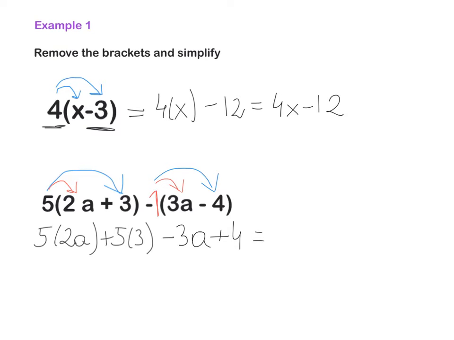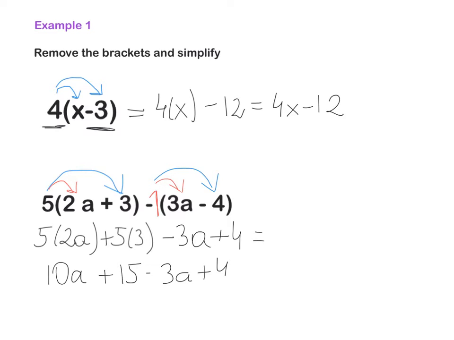Equals, so we have 5 by 2, using one of the rules we've met so far, number by number, letter by letter. 5 by 2 is 10a, plus 5 multiplied by 3 is 15, minus 3a, and plus 4. Now what to do? We need to just simplify it.